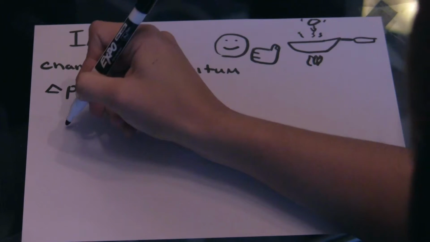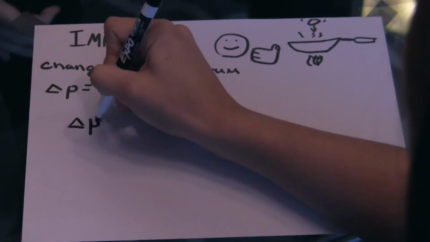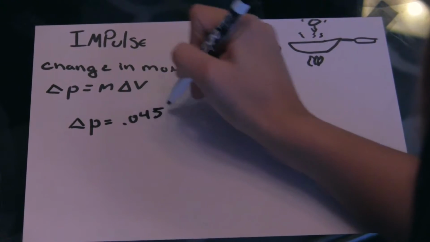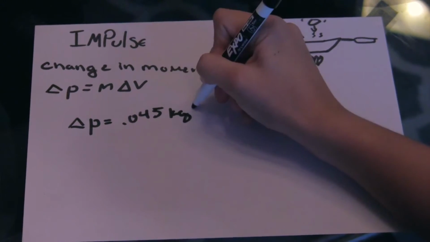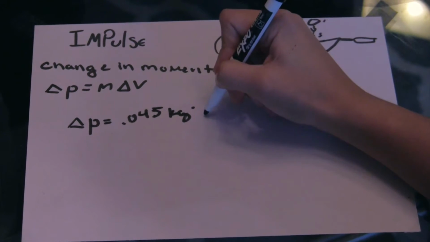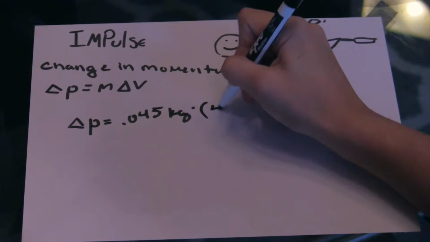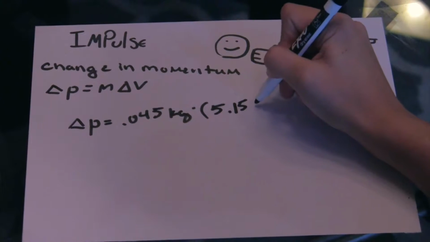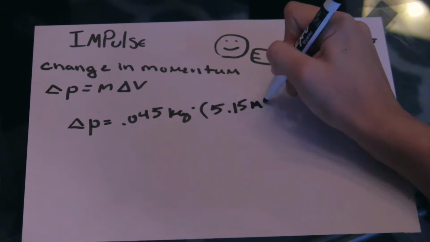Mass being 0.045 kilograms. With having 2 velocities, VF minus VI, VI meaning 0, we'll have 5.15 times our mass.